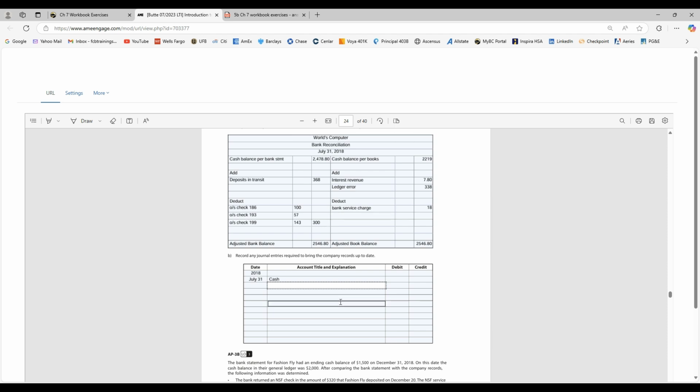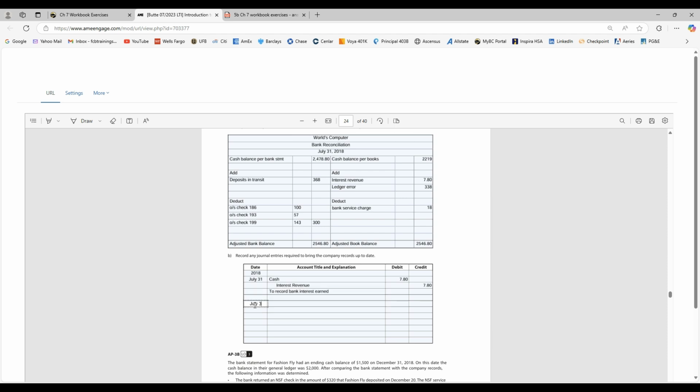The first one will say interest revenue for $7.80, to record bank interest earned.